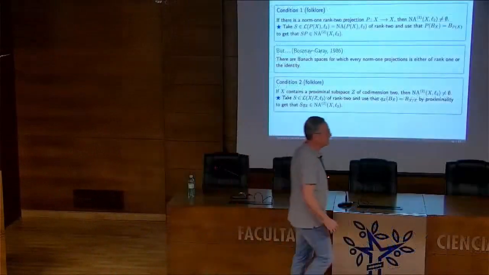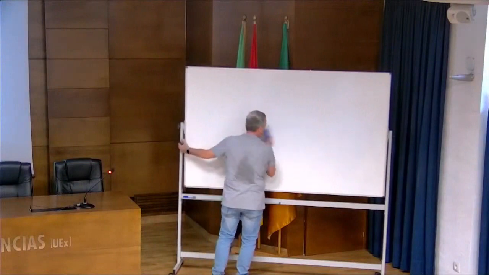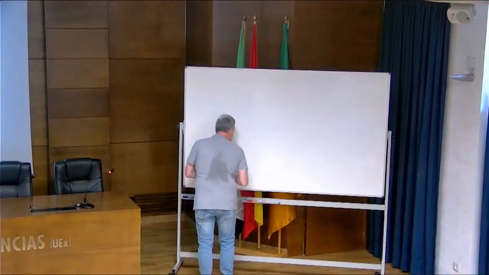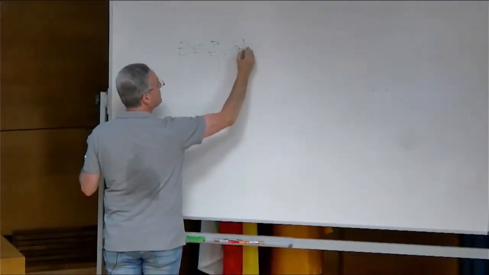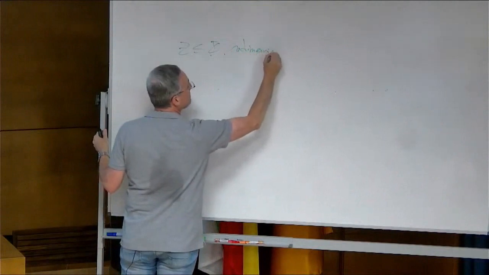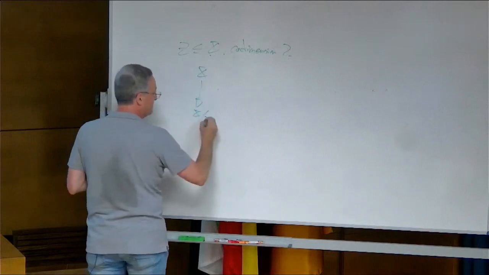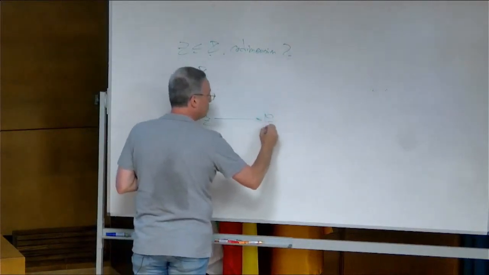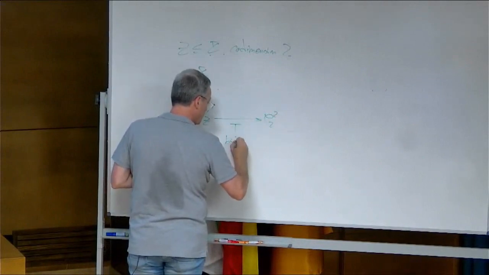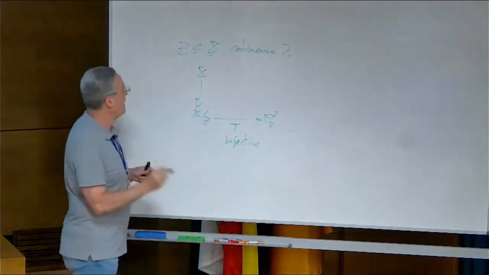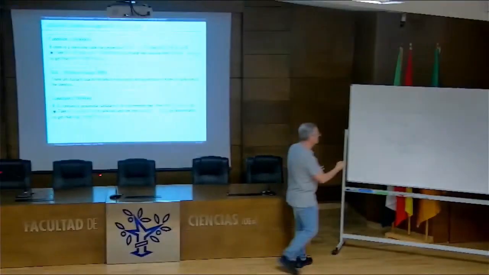So for quotient, you can do the following. Suppose you have C, a subspace of X of codimension 2. Take the quotient map Q from X to X over C. Now go from here to L2 with T, which is bijective, and consider this T tilde here.